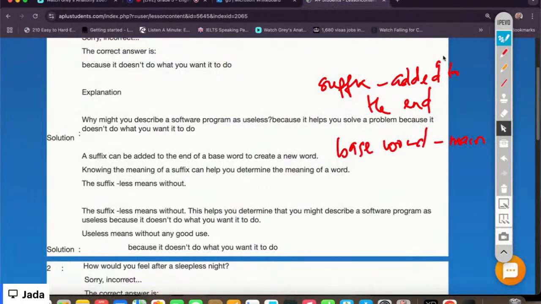Just for example, we could have pain. Pain could be a base word because it's a word on its own. It has a complete meaning on its own. Once we add a suffix to it, it creates a new meaning. So the base word is pain, and the suffix would be what?